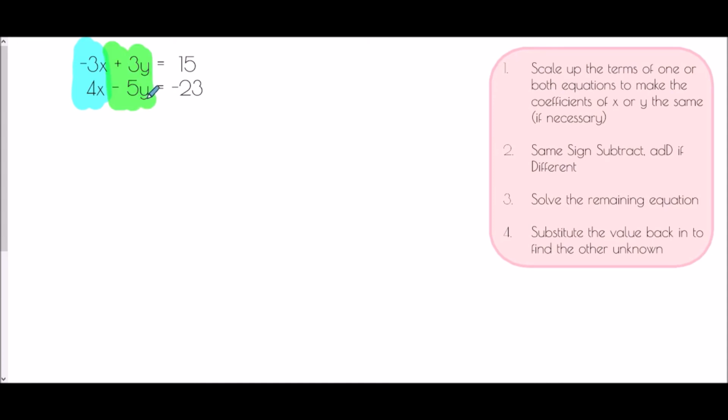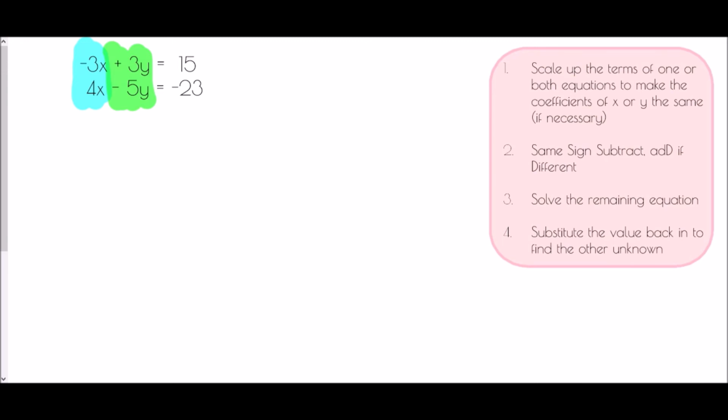So actually in this case, no matter which one we match up, we are going to end up with different signs and adding the equations together. So it all comes down to which one we think is actually the easiest multiplications to do. If I'm honest, I would rather multiply by 3 and 4 just because they are smaller numbers.